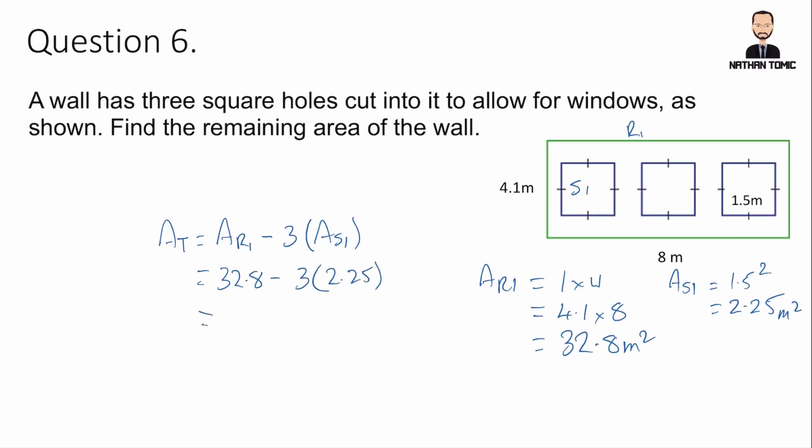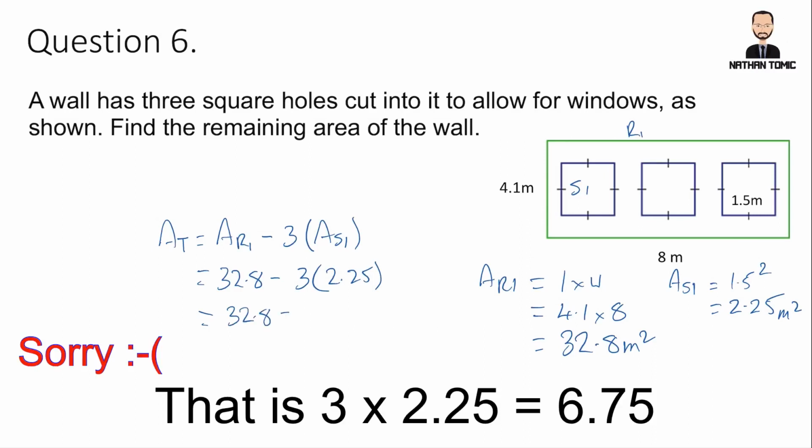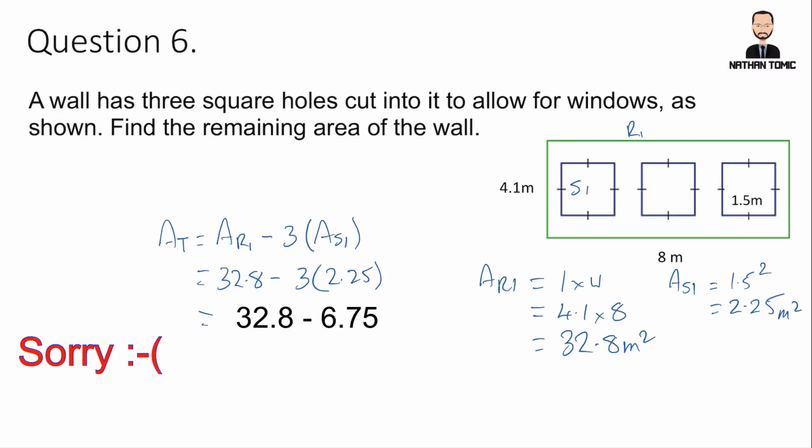Let's do just the bracket first, 3 times 2.25 is 9.75. And then we do that last part, 32.8 minus 9.75 is equal to 23.05 meters squared.